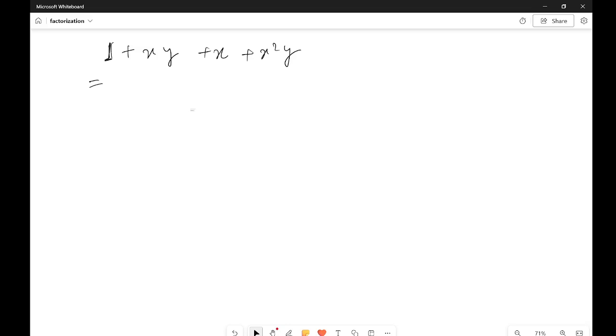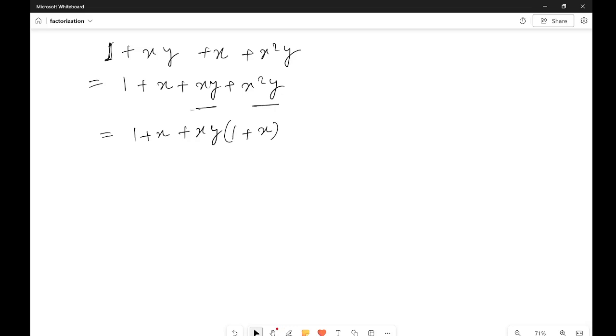So what we will do, we will try with whatever we can take common from the existing expressions. So let's say, if I arrange this as 1 plus x plus xy plus x square y, in the last two parts x and y are common, right? So I will take xy common, then this will be 1 plus x.